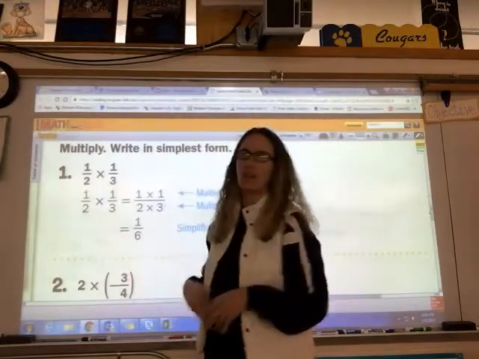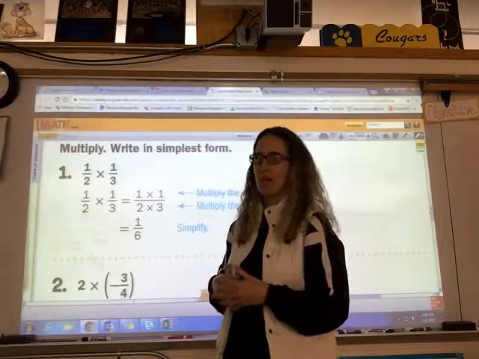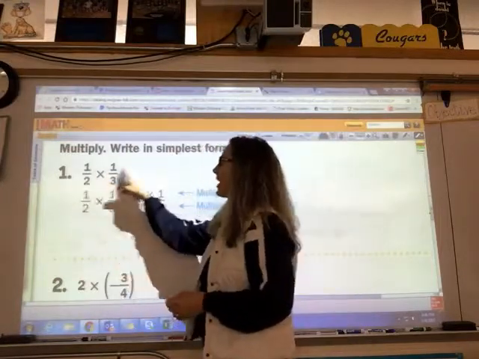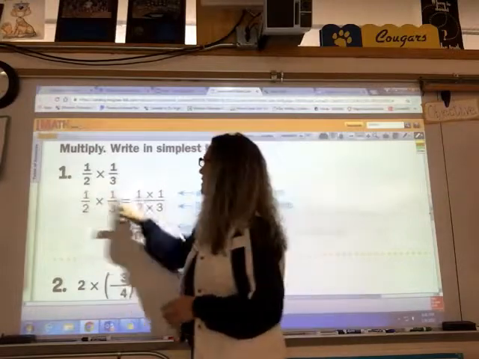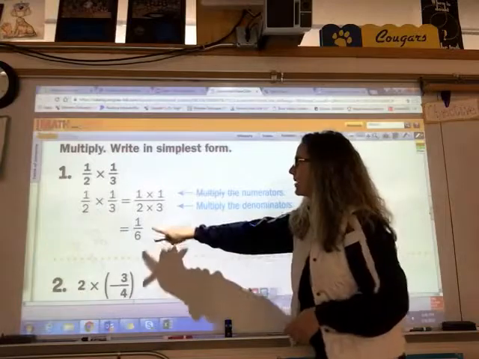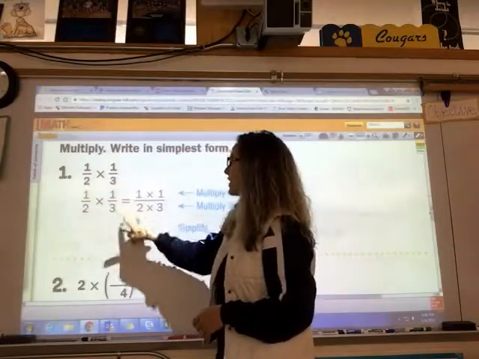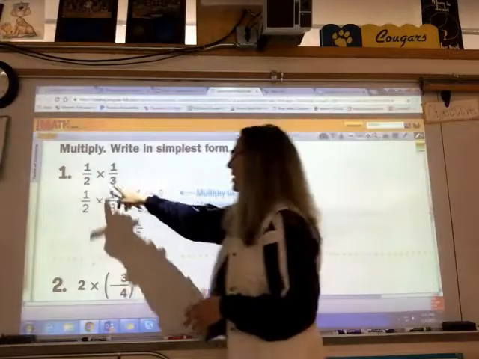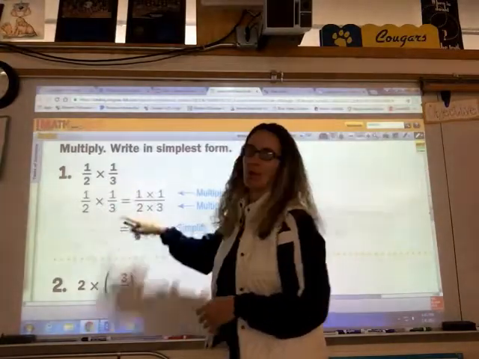When I take a look at 1 and 3, there's not a number that I can divide both of them by evenly. Same thing with 1 and 2. So what I'm going to do is multiply straight across. You can see here they're taking your numerators, 1 times 1, and we're going to get 1. And then they're multiplying denominators, 2 times 3, which gives us 6. So in simplest form, when we multiply 1/2 times 1/3, we're going to come up with 1/6.